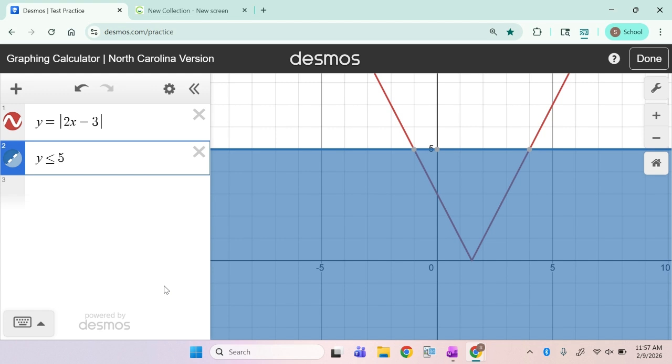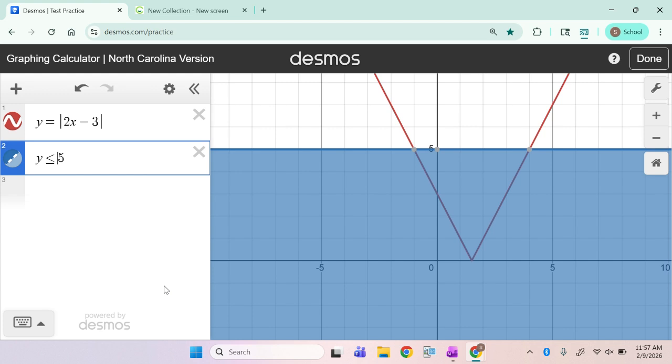Any x value between these two lines has a y value that's going to be less than or equal to 5. What x values are these lines at? Negative 1 and 4. The same ones that we already found. We're still using the points that intersect.